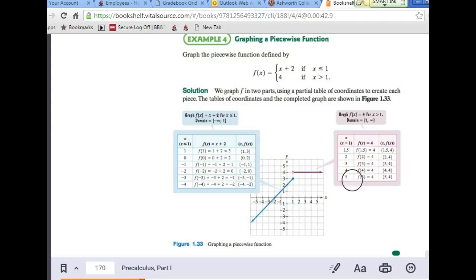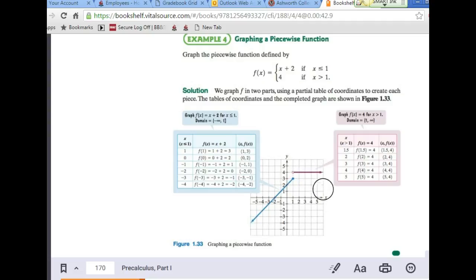If I pick 5, if I were to pick 1,000, it would still be 4. And so, since all of your y values are 4, that's going to give you that flat graph here. Notice there's an open circle there because there is no equal with this particular one. It's everything above 1. So from here on, the graph is going to stay flat at positive 4.